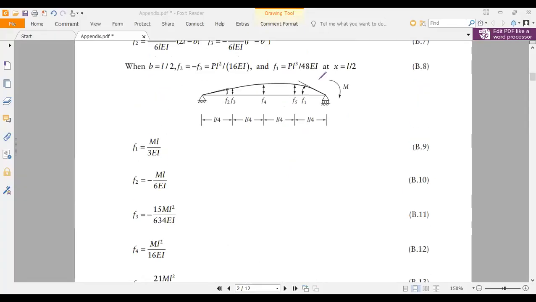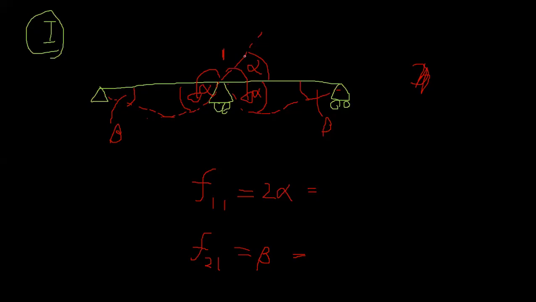So here can you see, if you apply M, the nearest deflection rotation is F1, it's ML over 3 EI, the far end is ML over 6 EI, it's half, right? So M is equal to 1, right? Because unit moment, we are checking the rotation actually. Why? We need to consider the compatibility shape of the structure. Here it's 2 into ML over 3 EI, M is 1, so 2L over 3 EI.